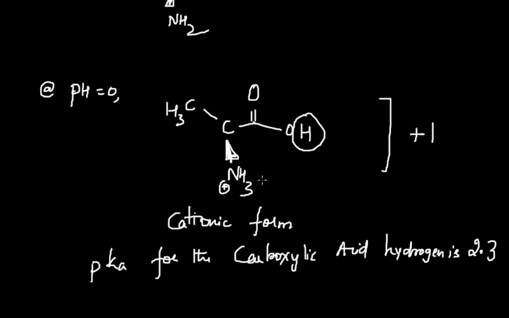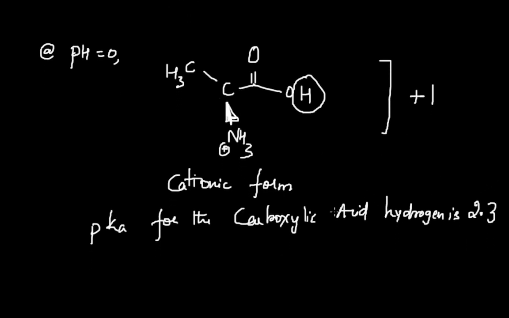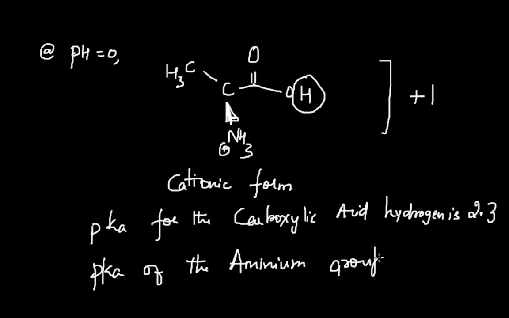The protonated amino group of an alpha amino acid is also acidic, but the pKa of this aminium group hydrogen is 9.7.